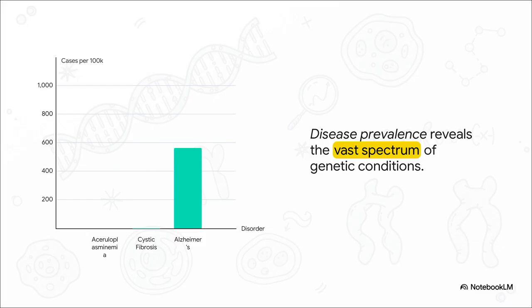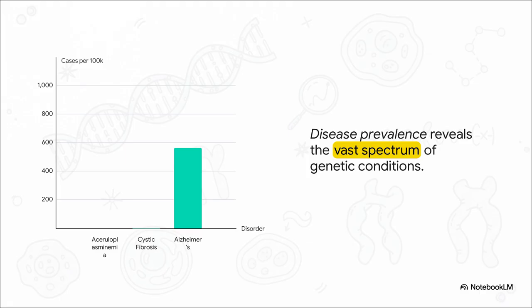Let's expand on that population impact for a second. To put things into perspective, think about a complex genetic condition like Alzheimer's disease, affecting about 1 in 177 people. Then you have cystic fibrosis at 1 in 100,000. But then look at aceruloplasminemia, affecting just 1 in 2 million people.